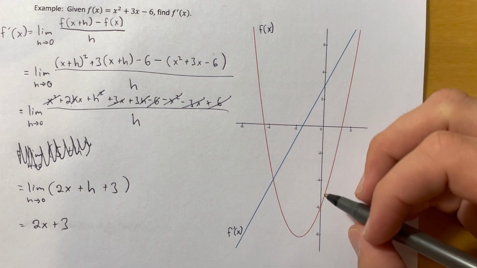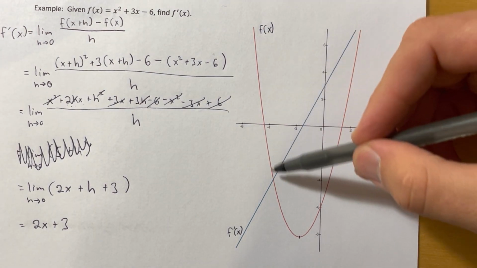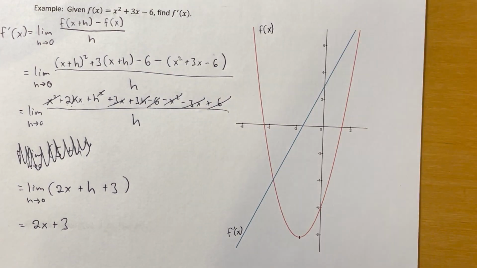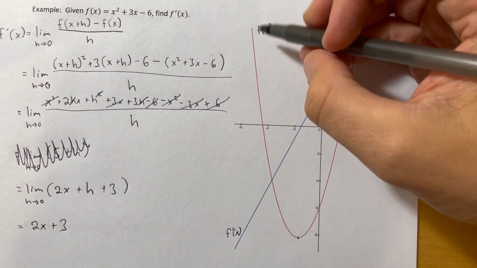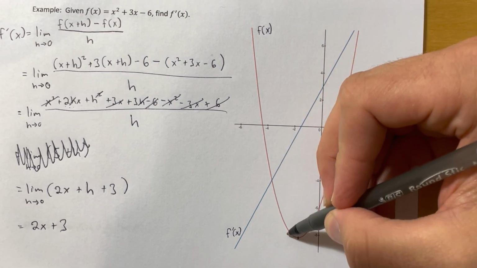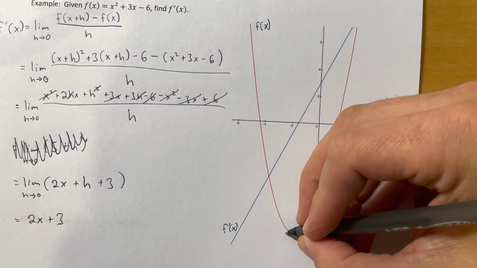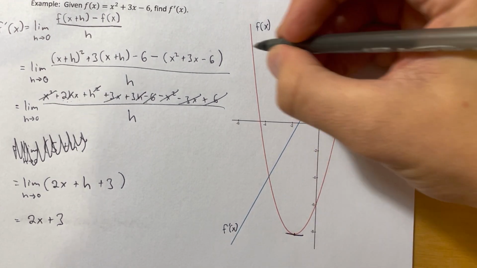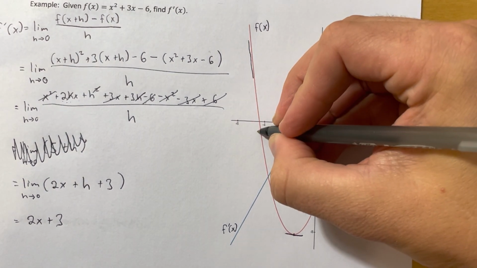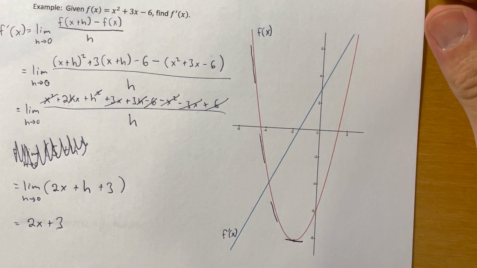So if you notice, right here, I'm going to single out a point. My f of x function, being a quadratic function, is the graph of a parabola. And our parabola is decreasing all the way until we get to this vertex right here, which would have a horizontal tangent line. All of the other tangent lines up until that point are going to have a negative slope.